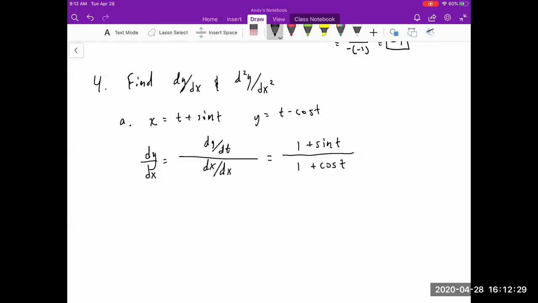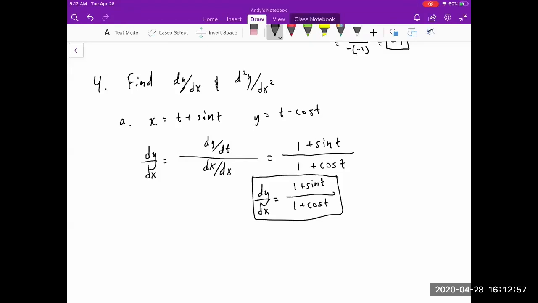Do you all see that? Yes. Awesome. That's our answer. But I'm going to write it like this. dy over dx equals, and then I'll write that.